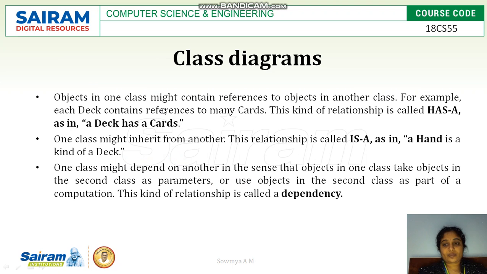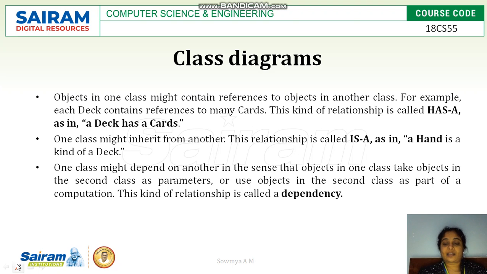For every class we inherit, we can draw a class diagram, and the relationship can be of two types: a has-a relationship or an is-a relationship. Deck has a card is has-a, and a Hand is a Deck is is-a.